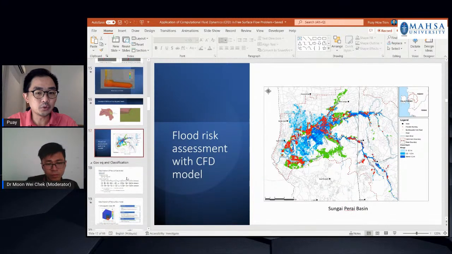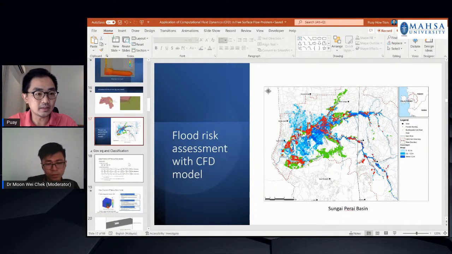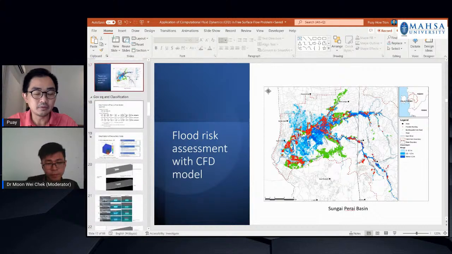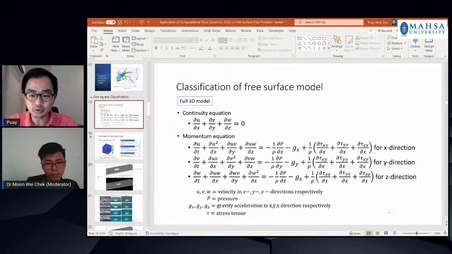After showing you several applications of CFD in free surface modeling, I would like to introduce the classification of free surface models. Normally, to carry out free surface modeling, we use a full 3D model, where the 3D continuity and momentum equations are solved.